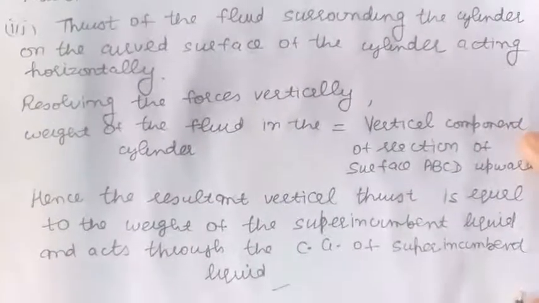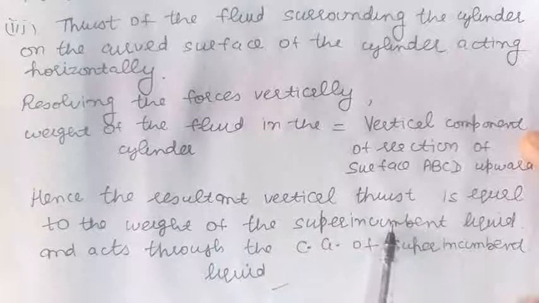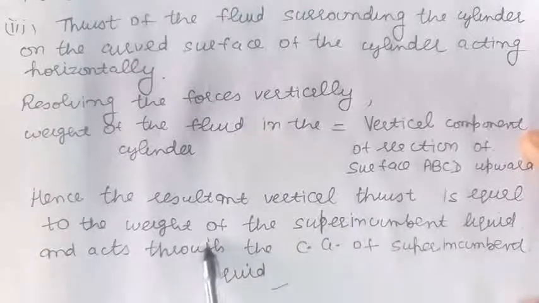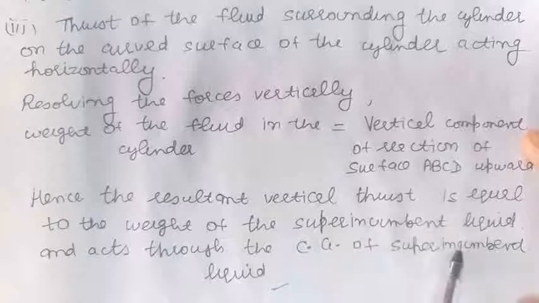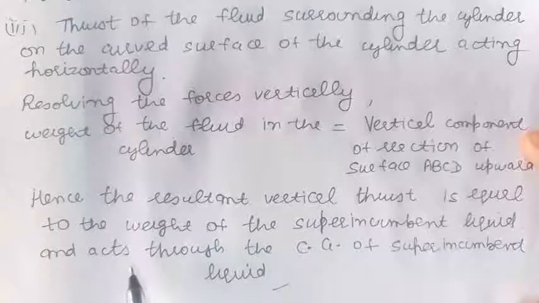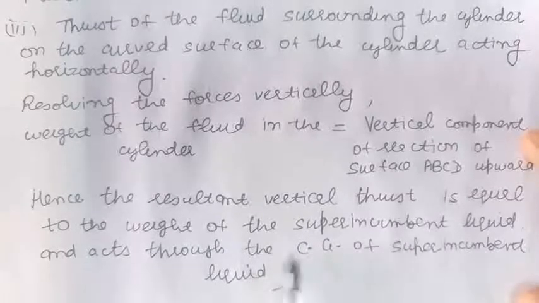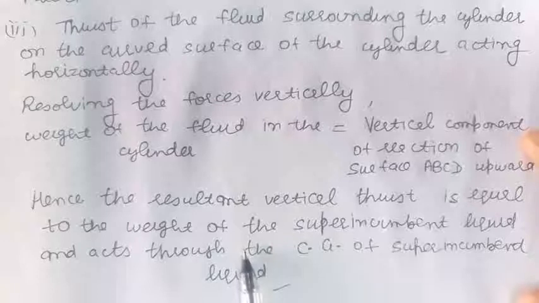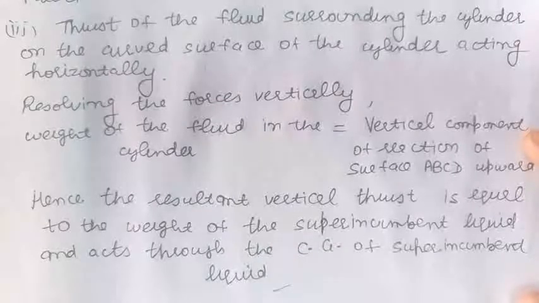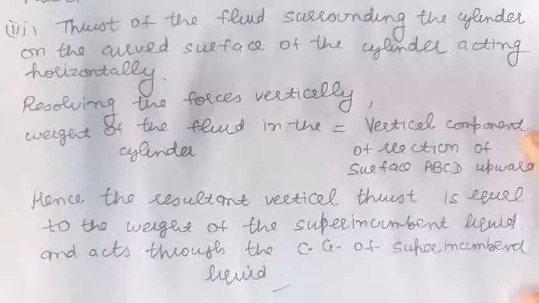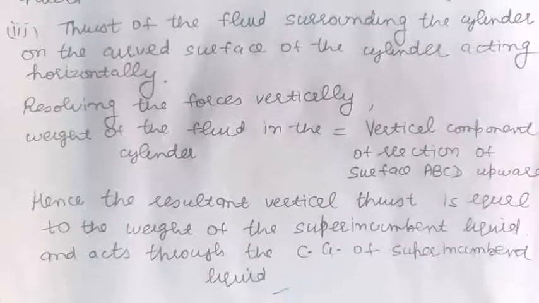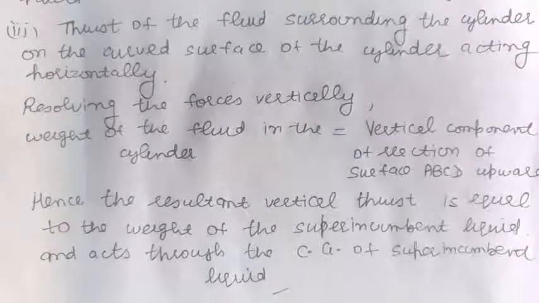Hence, the resultant vertical thrust is equal to the weight of the superincumbent liquid, and this resultant vertical thrust acts through the center of gravity of the superincumbent liquid. In this way, we can find the resultant vertical thrust when the fluid is above the surface. Tomorrow we will discuss problems based on resultant vertical thrust.